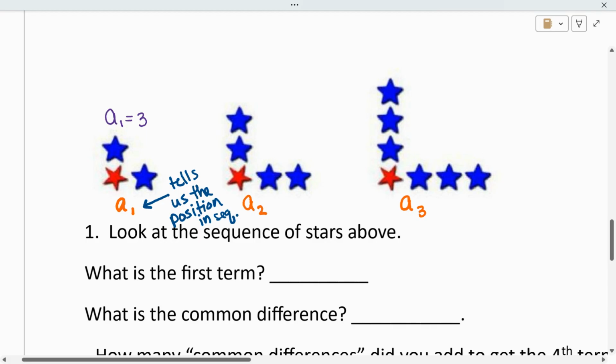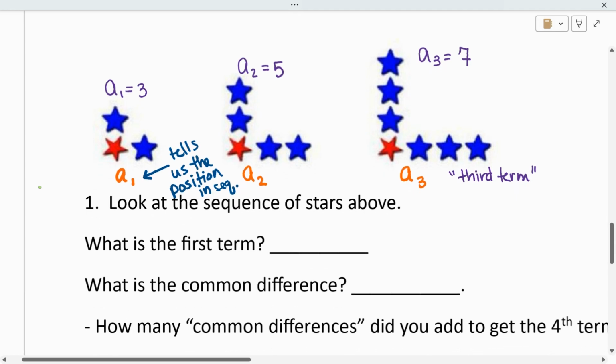When I think about A sub 2, the second term, how many stars do I have? Anyone? 5. I heard someone say 5. Yeah. When I think about A sub 3, the third term, I want you to understand what that's saying. A sub 3 has how many stars? 7. Okay. So the first question says, what is the first term? Well, the first term is A sub 1.